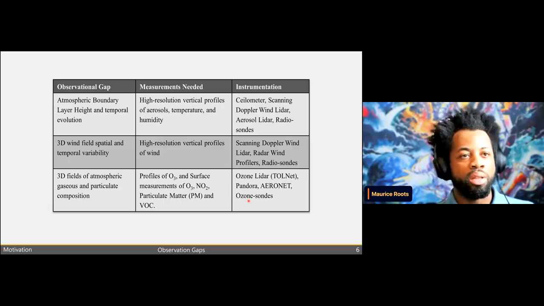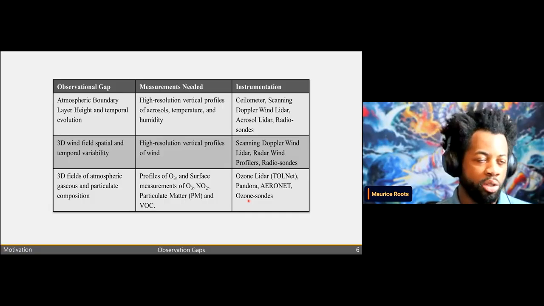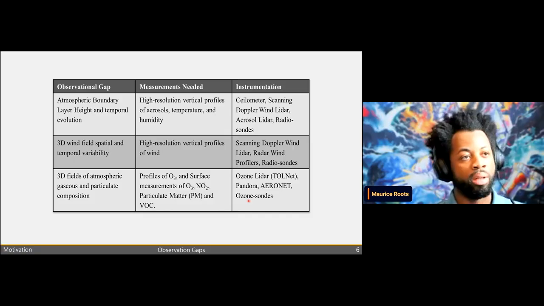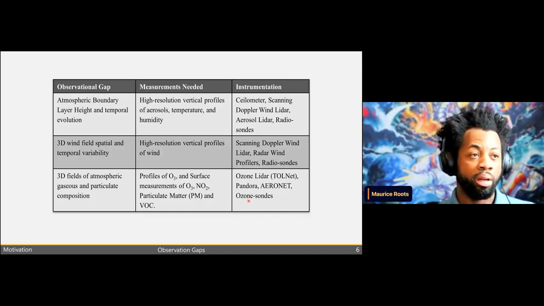We do this by the multi-instrument perspective. What those instruments do for us is that we need the lidars, as I mentioned, and the sounding profiles on the balloon-borne payloads to get the height of the atmospheric boundary layer, and the temporal evolution of that decoupling zone from the surface.